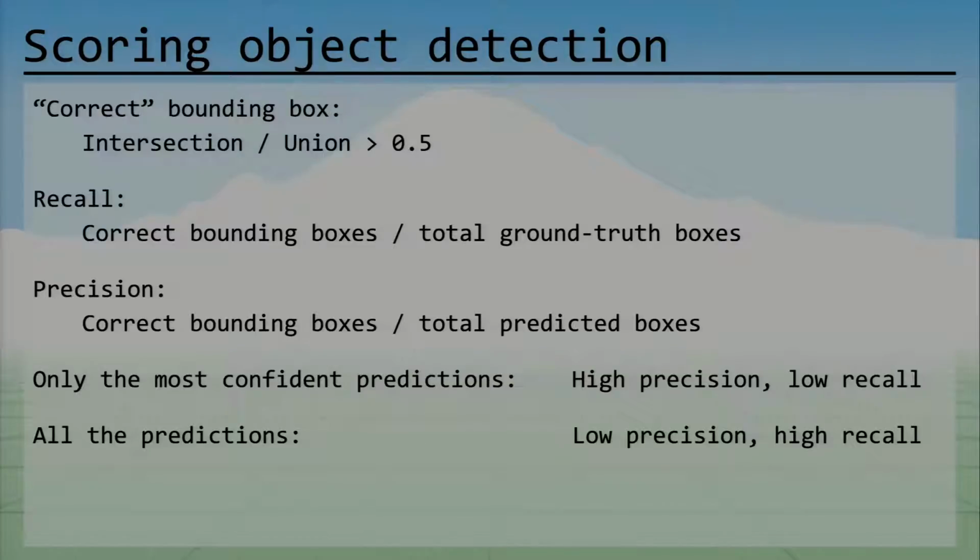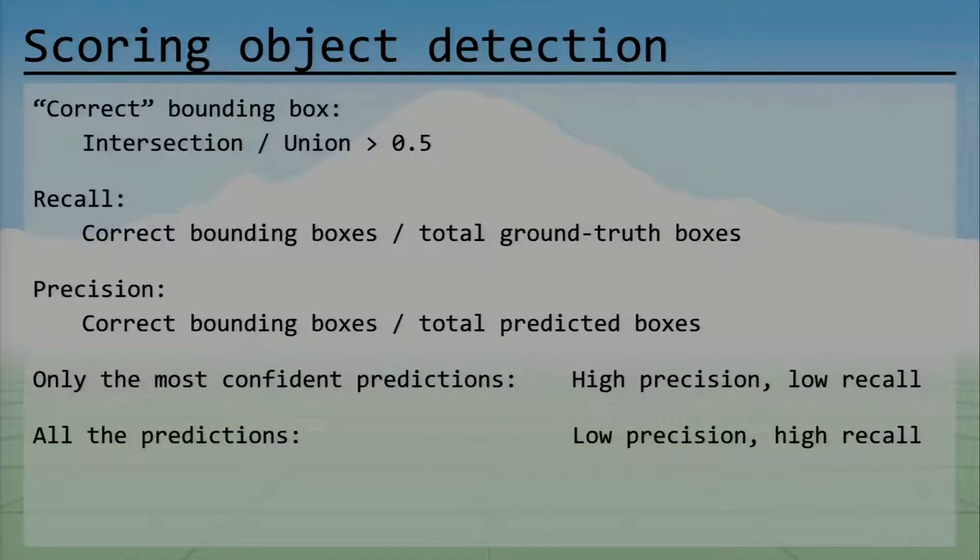So this is basically looking at all of your bounding box predictions and saying how good are you in terms of predicting good bounding boxes, and what class those bounding boxes are. So you can imagine that if you only predict the bounding boxes that you're most confident in, if you're 100% certain that there are dogs in these 5 bounding boxes, you're probably going to be right, if you have some model that's learning something.